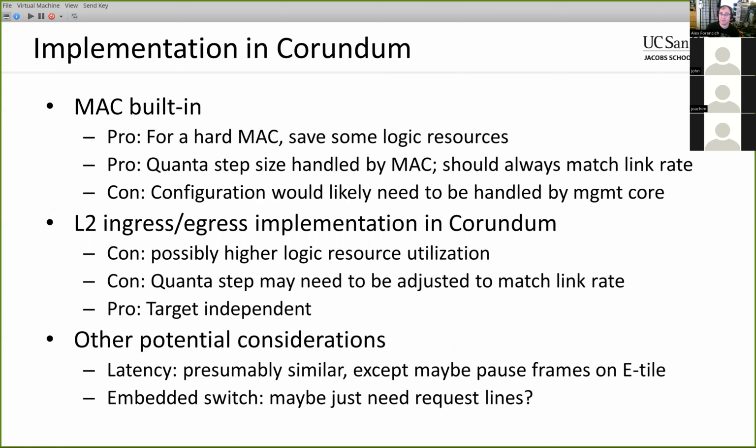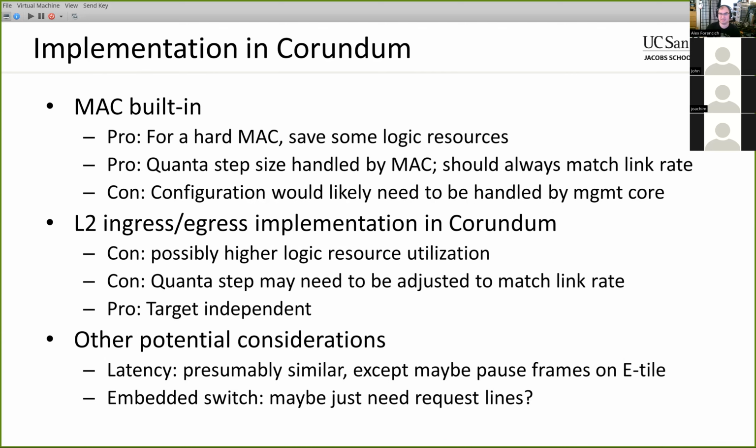All right, in terms of how to implement this in Corundum, I think I briefly touched on two different things. One method is to integrate the support into the MACs. The other is to use the L2 ingress and egress modules in Corundum. The advantages of integrating into the MAC are, at least for a hard MAC, you save some logic resources, and the quanta step size should all be handled by the MAC internally and should always match the link rate.